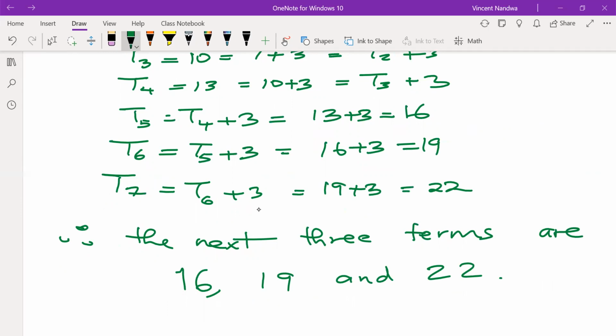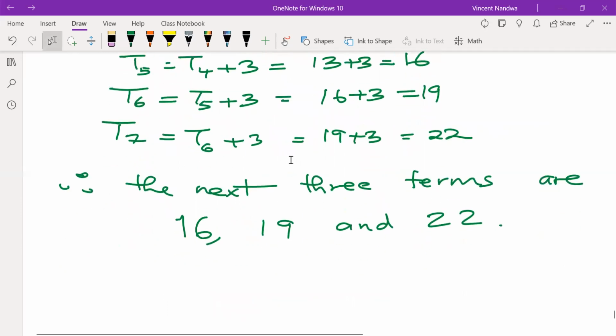Now let's try to get a general pattern for this sequence. We have found out that the first term is given by 4, where n is 1.